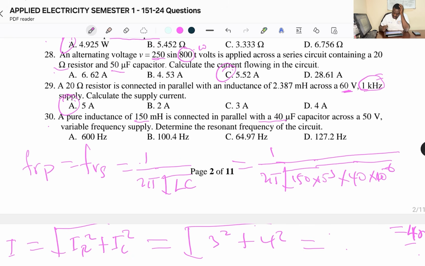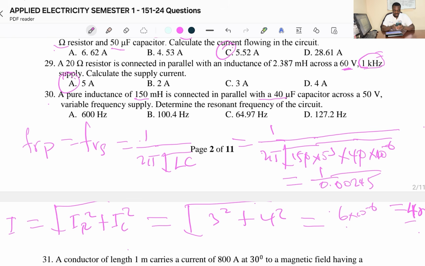So you can see inside this, times 2, 0.523.